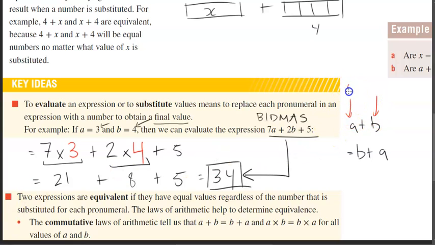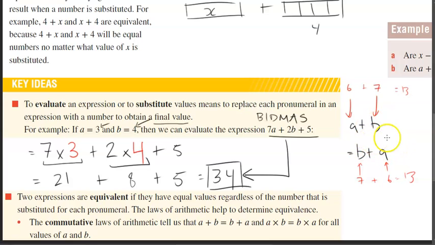Let's say a is equal to 6 and b is equal to 7. Now we know that 6 plus 7 is equal to 13. If I were to do this the other way around, 7 plus 6, this is also 13. And no matter what two values you substitute in, provided that they are both positive, you will always end up with the same solution.